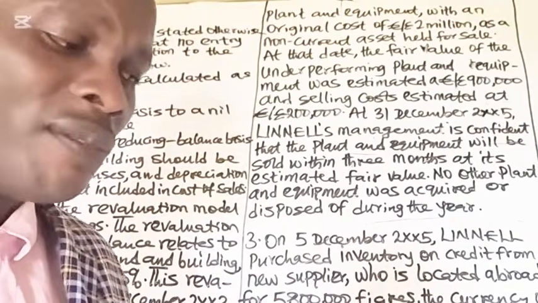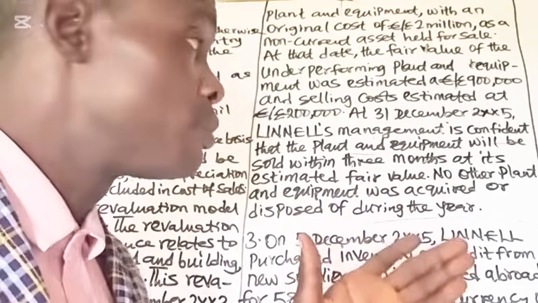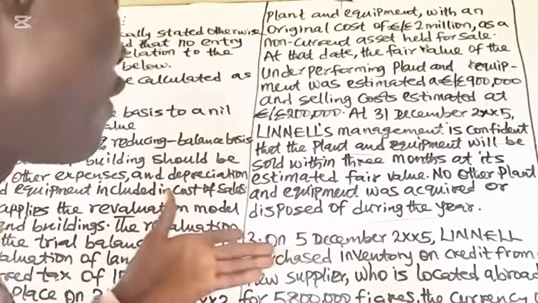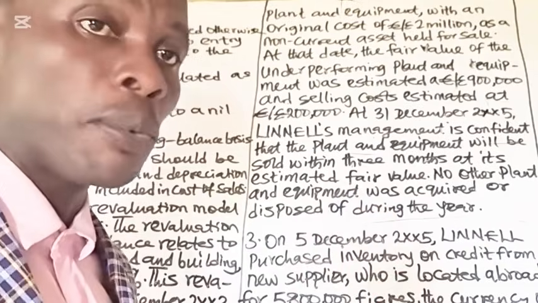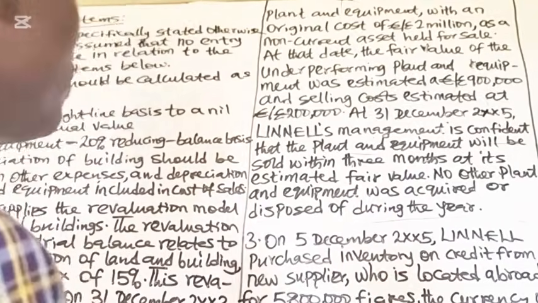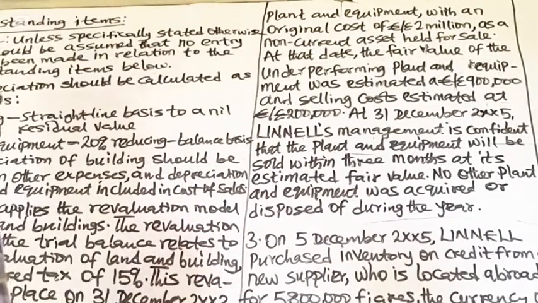The depreciation for X3, X4, and 9 months in X5 will be charged before the criteria for held for sale were met, in accordance with the provisions in IFRS 5, Non-current Assets Held for Sale and Discontinued Operations.